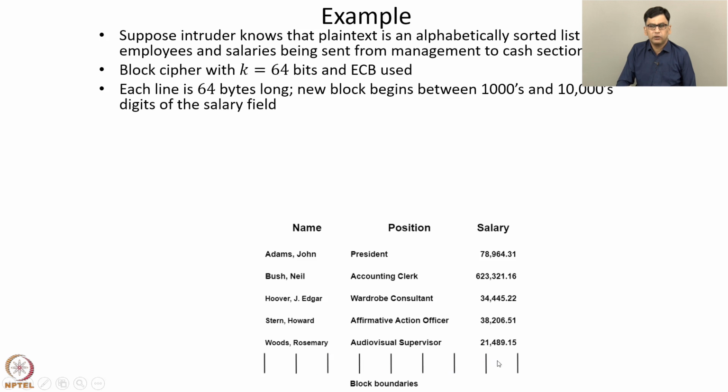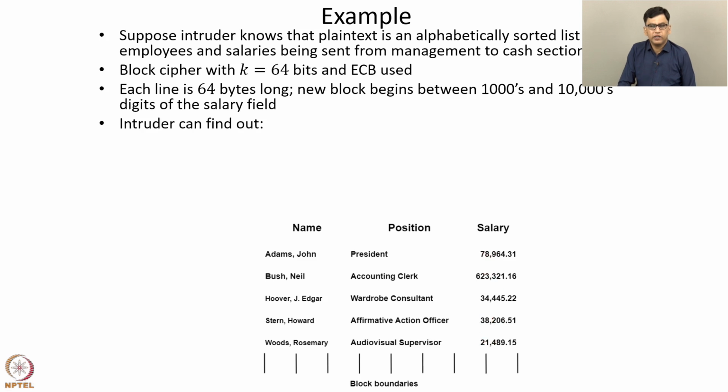That can be seen from here. So, this one is the thousands digit, and 2 is the 10,000s digit. So, the block begins between the 2 and the 1, that is between the thousands and the 10,000s place. Likewise, here the block begins between 3 and 8. So, that's a point to note here.